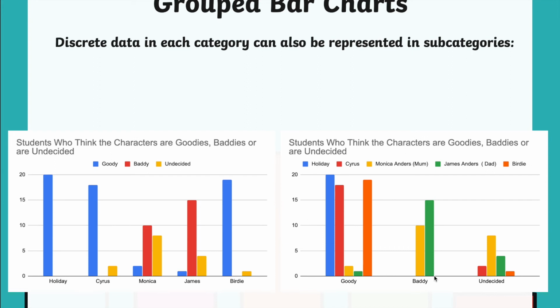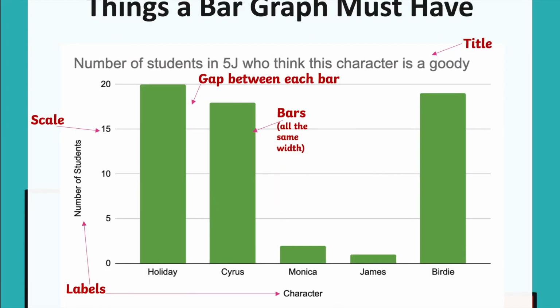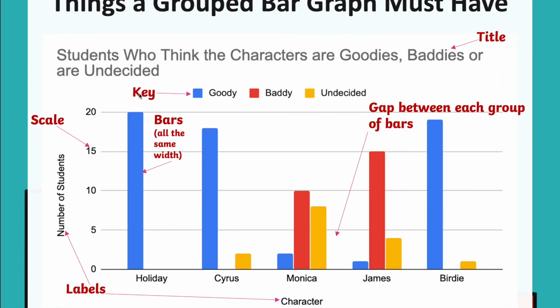And then this is a similar thing done a little bit differently. So here, instead of having the characters down here, I've had whether or not they're a goodie, a baddie, or undecided. Now, if I have a grouped bar chart, I still need all of the other elements that I had in this bar chart, but I also need to have a key. So in a grouped bar chart, once again, I need a title, I need labels, I need to have a scale to measure with, I need to have bars that are all the same width, but then I need a key for my bars as well.